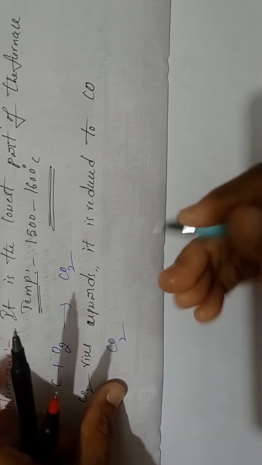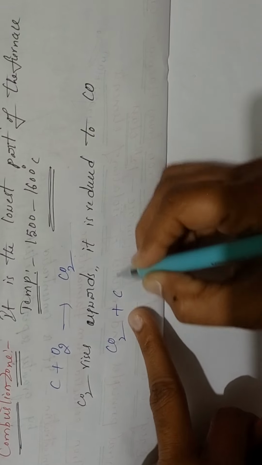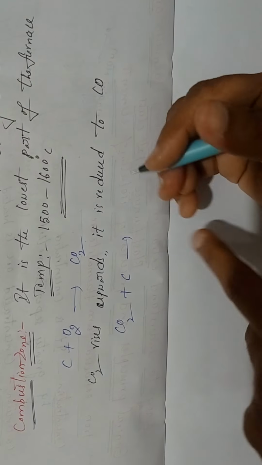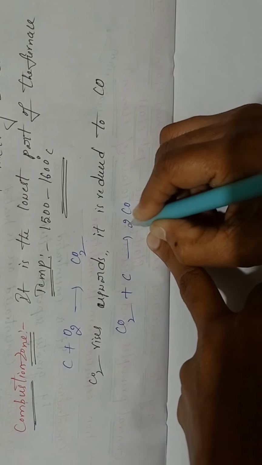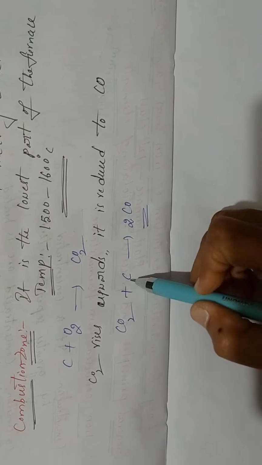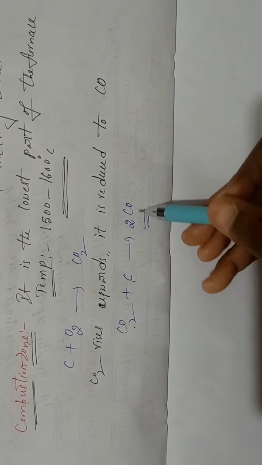So when carbon dioxide rises upwards in the furnace, it is combined with coke and produces 2 moles of CO. That means it is reduced to CO, and carbon is acting as a reducing agent. Coke can reduce the CO2 into CO, students.